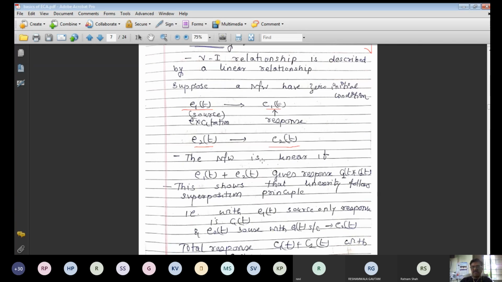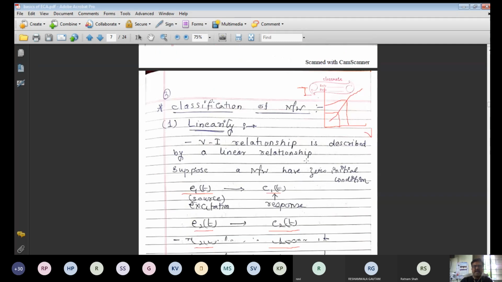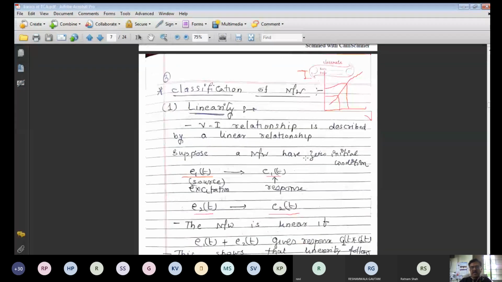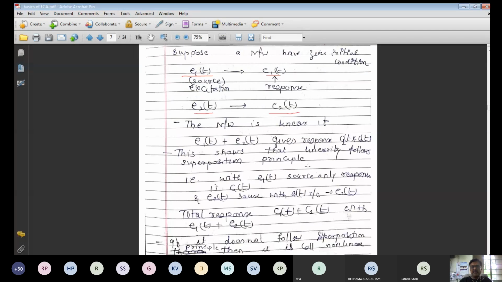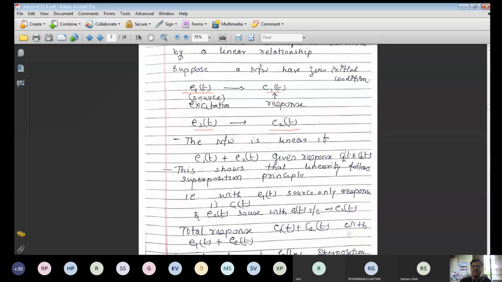Now if the network is linear, then when individually E1 gives C1 and E2 gives C2, and I combine them together, taking E1 plus E2, the response must be C1 plus C2.